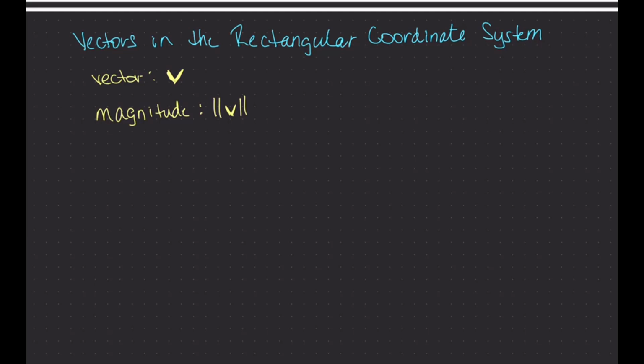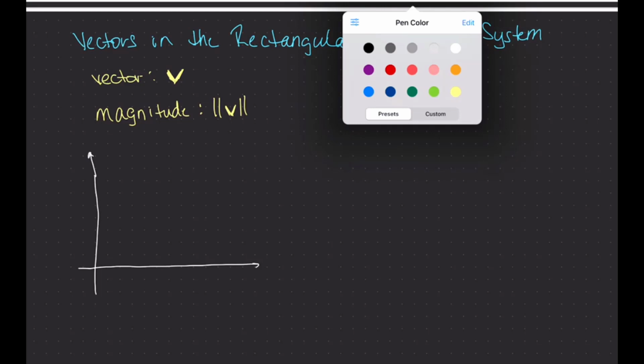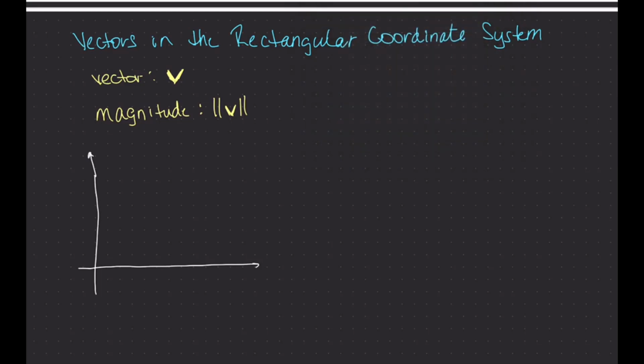So when it comes to our vectors, let's say we're doing this in the coordinate plane. If we wanted to, I'm just going to draw out the first quadrant. Maybe a good color. Try orange.